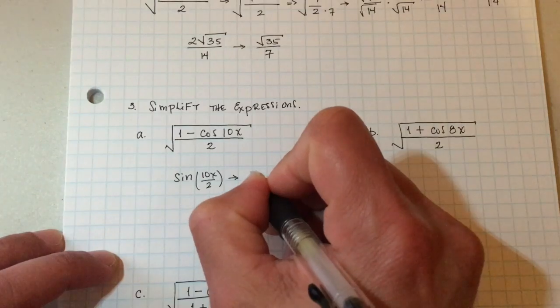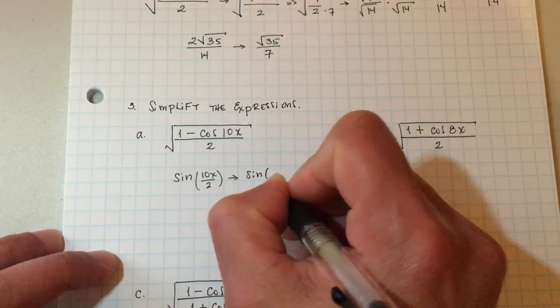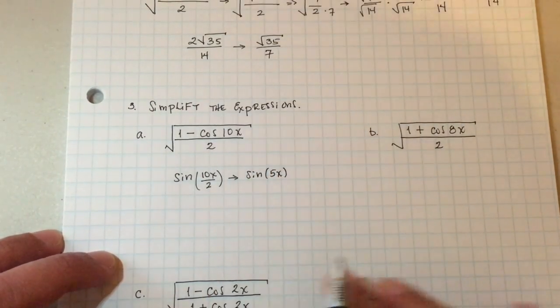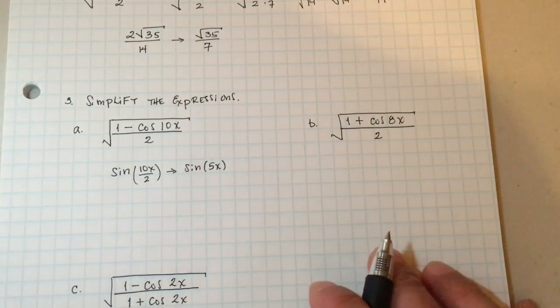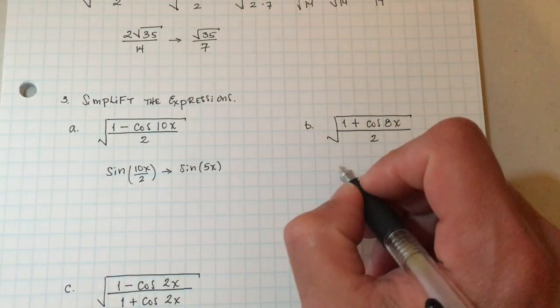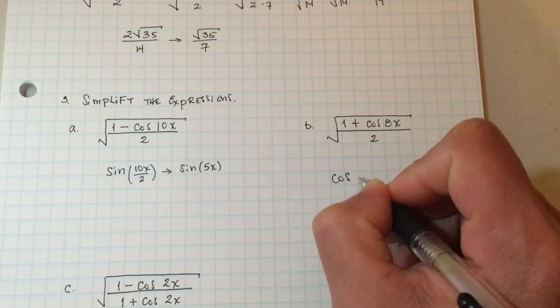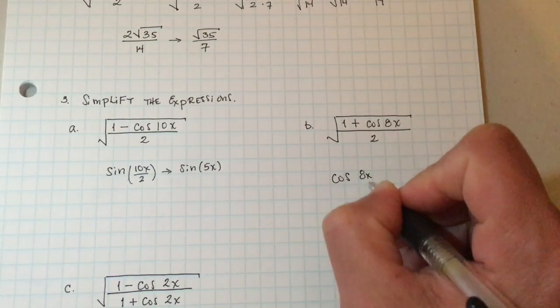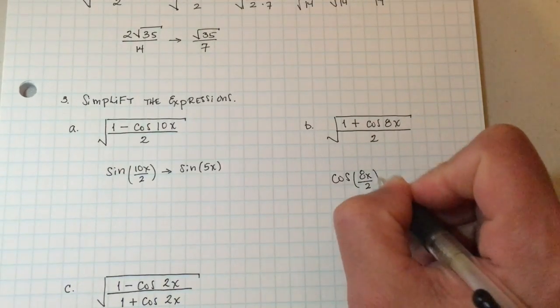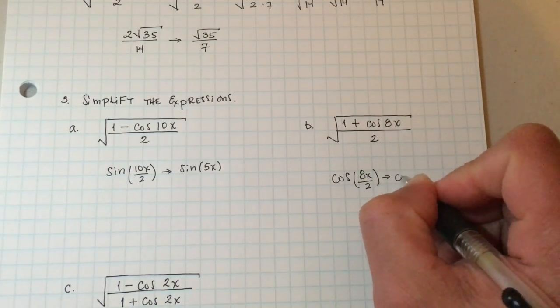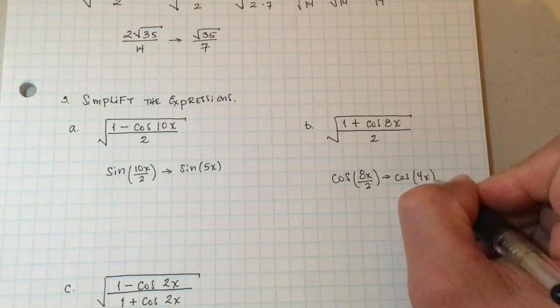That becomes sine of 5x. What about this guy? Well, this guy is cosine. It's a plus, right? So actually we're going to do the cosine. Same thing, half of that in the middle. And that gives me cosine of 4x.